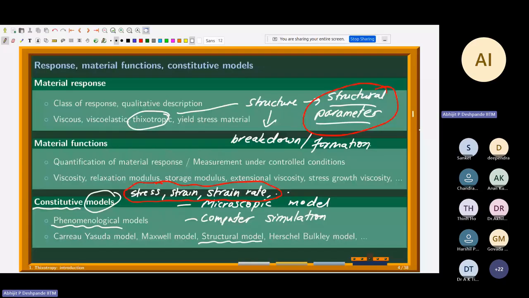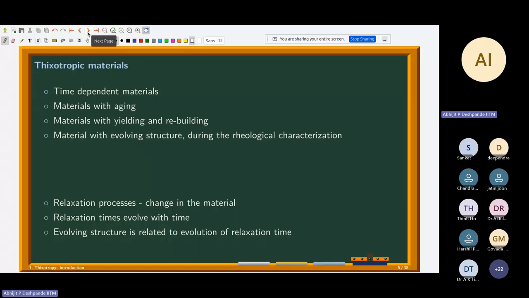So this is just a qualitative description of thixotropic materials. Many times they are said to be time-dependent materials, because of these breakdown and rebuilding processes, there is always dependency on time. Sometimes, if it takes a certain amount of time for rebuilding to happen, we will say that the material is aging. There could be a yield stress involved, because for some amount of stress the material acts more like a solid, and then it starts flowing more easily and acts like a fluid.